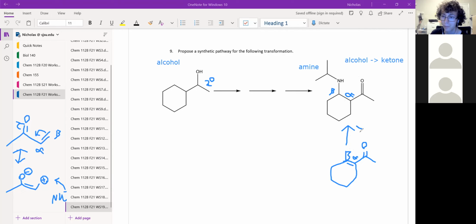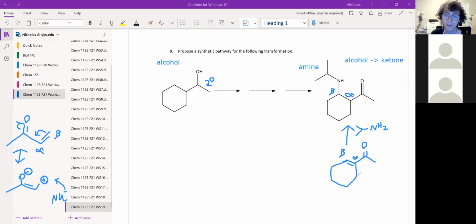So then we could just add this amine and it'll add there, and we get that product. So we know what the immediate precursor was. Just going to erase that. Oh, I didn't want to erase the whole thing. So you can work backwards and figure out that's what you need to make this.